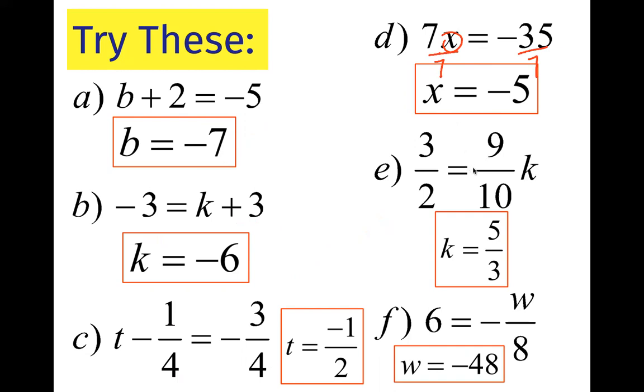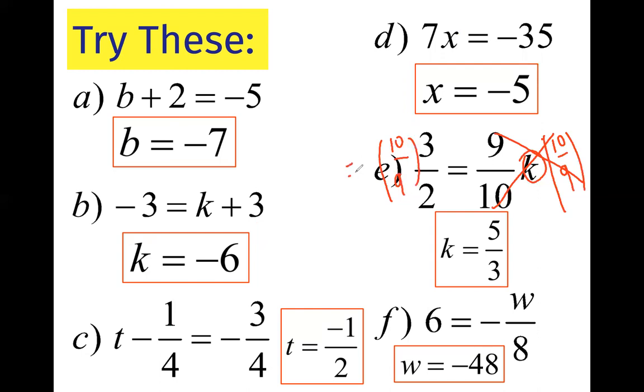For letter E, we're given that 3/2 equals 9/10 k. The multiplication of 9/10 to k is preventing it from being isolated. So I'm going to multiply both sides by the reciprocal of 9/10 to cancel it out. The reciprocal would be 10/9, and then that would cancel out. k is isolated, and then multiply 3/2 by 10/9.